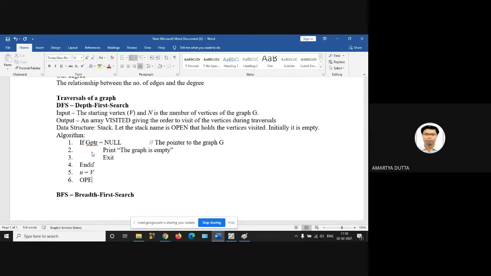What is open? The stack name is open. What is visited? The array name is visited. Now, first open dot push U. Open dot push U. What do you mean by this?